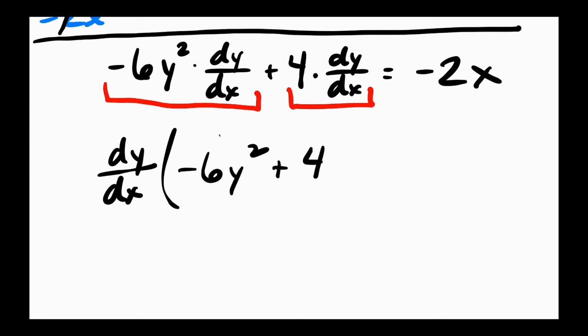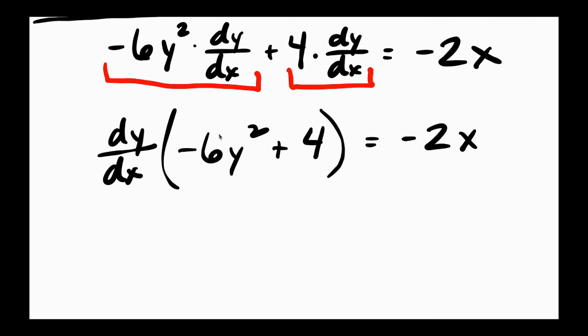Positive 4. Good. Now, I only have one dy dx. So now I don't have a problem. Now I have two over here, and I put them together because I factored it out because they both had one. So now, how do I get dy dx by itself? What step am I going to use to get dy dx by itself?